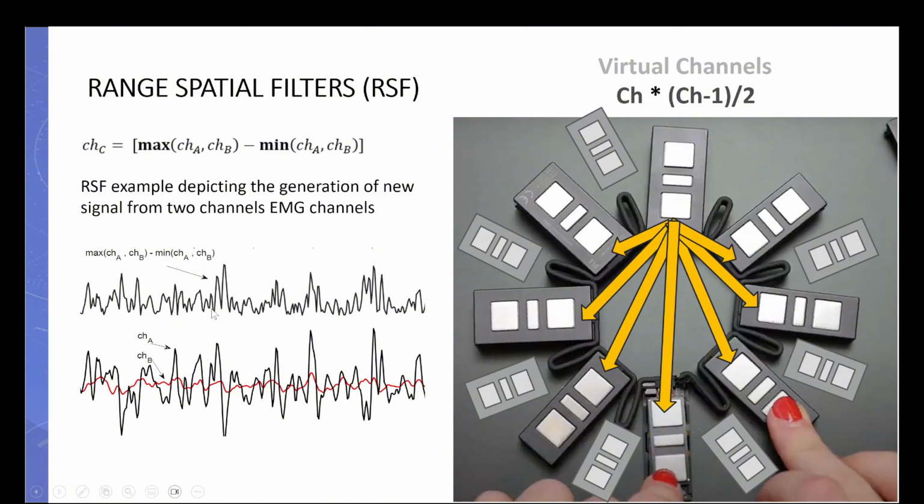In one example I show you over here, consider this example where channel A is the black, channel B is the red. Take the maximum of the two minus the minimum of the two, and this is what you get. This is the virtual channel that you have created. Why do we do this? Because we wanted to capture the relationship. How do I capture the relationship?